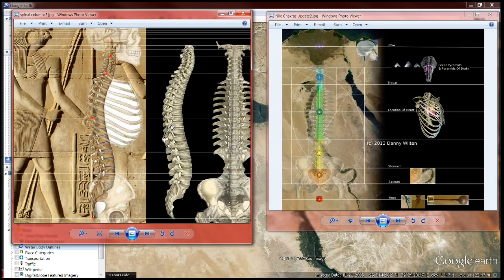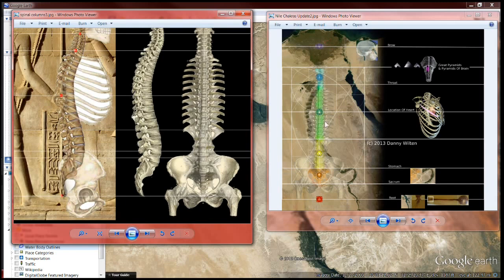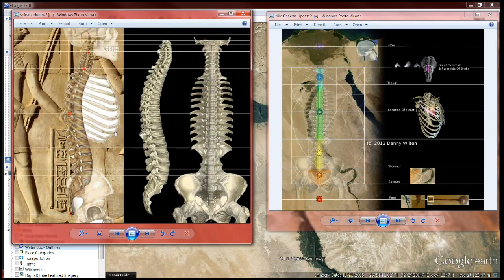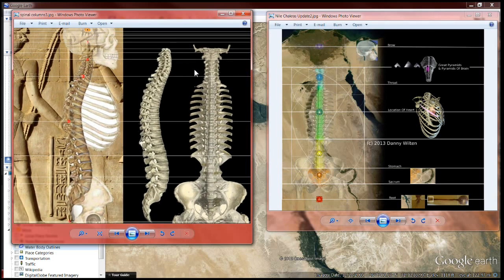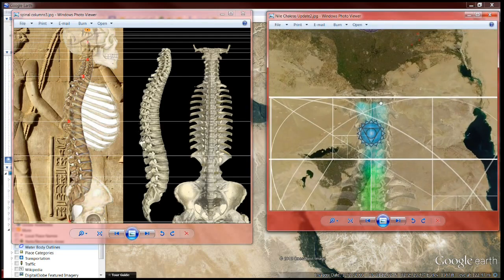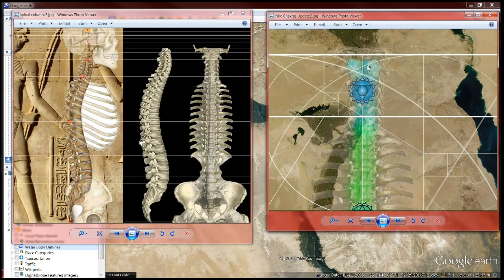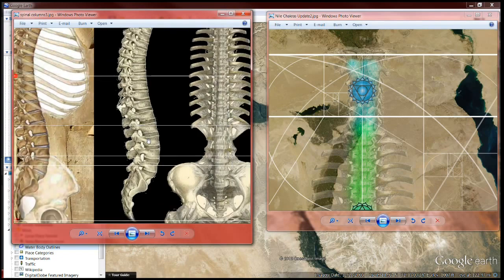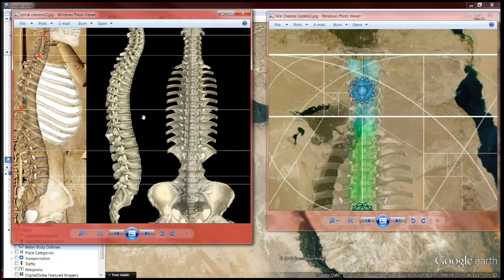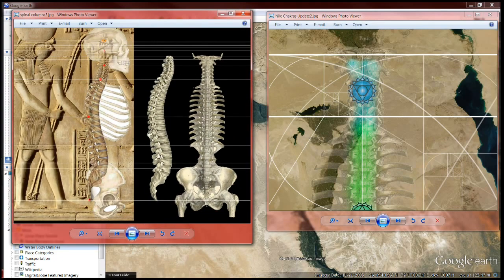Now let's compare what we just saw right here to what the profile looks like. You can see when you get to the top of the Nile how the neck curves right here, which also curves the same as what you're seeing right here as well. You take a look at the spinal column as it goes down, and you map it, and it covers the same thing.